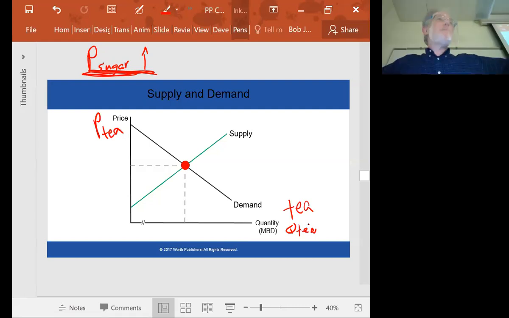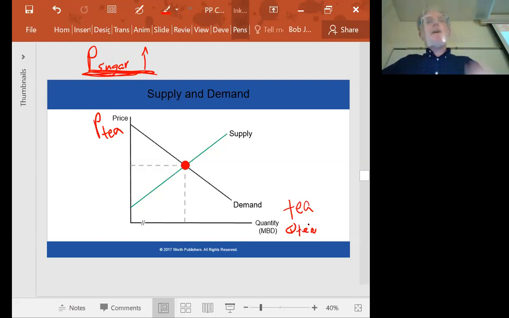Not everybody, but generally people who drink tea are going to use sugar. So these are two things that consumers tend to use together. And when you realize that, a word should pop into your mind. These two things are what? Complements, not substitutes. They're complements, things that people use together.